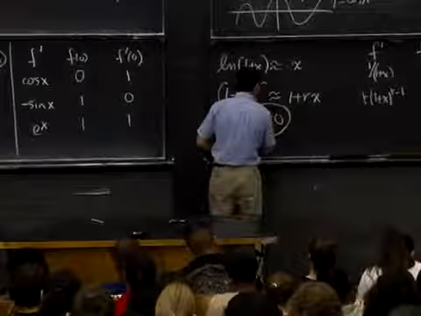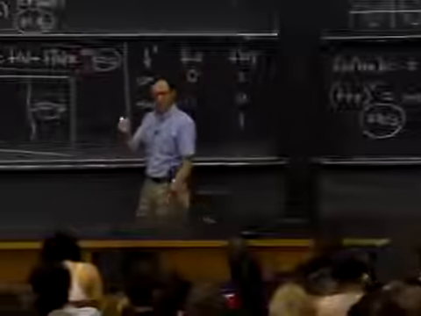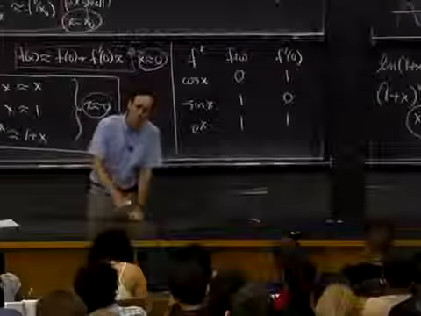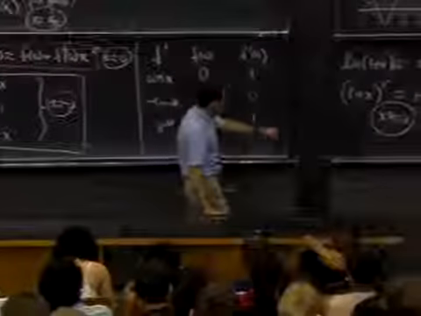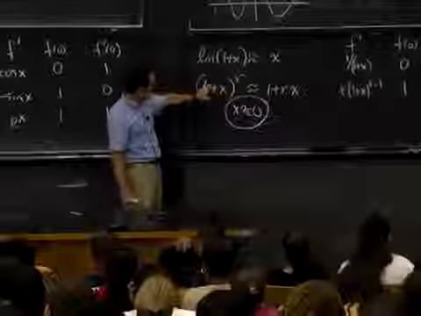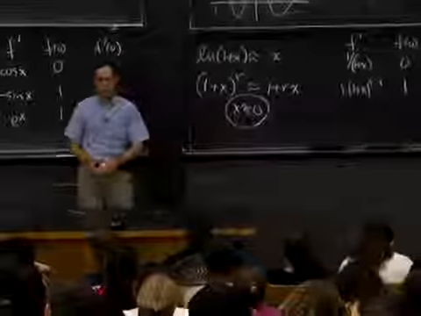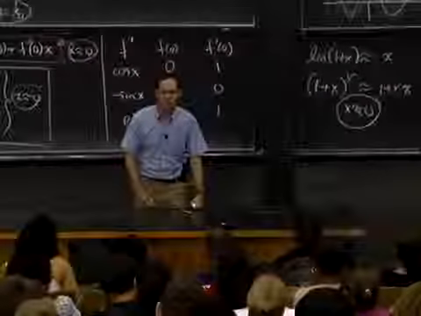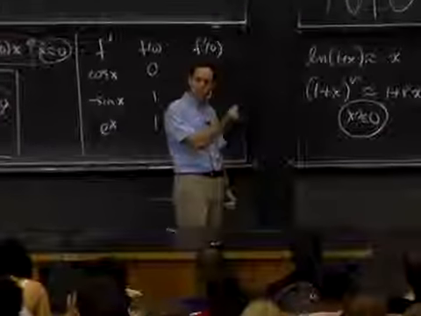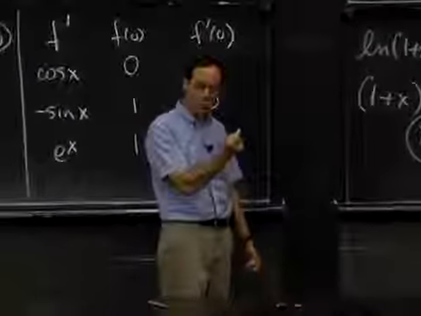You cannot expand a logarithm and understand a tangent line for it at x equals 0, because it goes down to minus infinity. Similarly, if you try to graph 1 plus x to the r, or x to the r, without the 1 here, you'll discover that sometimes the slope is infinite, and so forth. So this is a bad choice of point. 1 is a much better choice of a place to expand around.